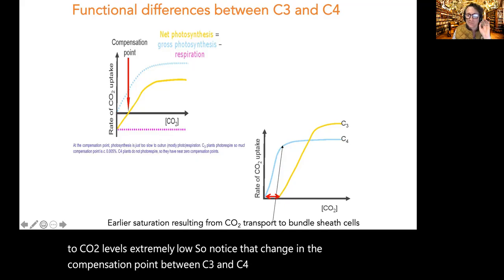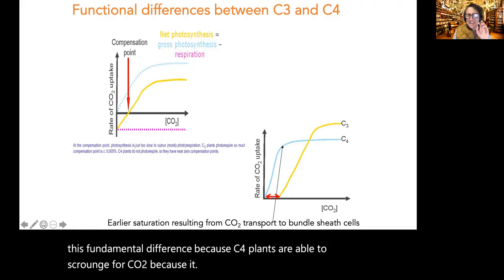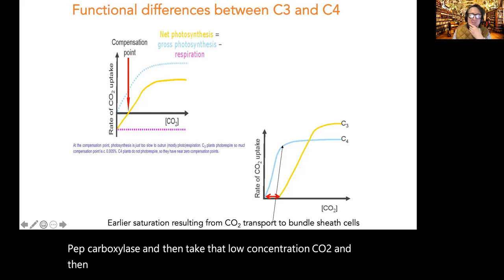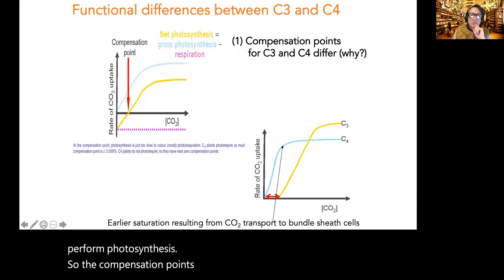That reflects this fundamental difference: C4 plants are able to scrounge for CO2 because of PEP carboxylase, then take that low-concentration CO2 and concentrate it in the bundle sheath cell so that they can still perform photosynthesis. So the compensation points differ in C3 and C4 plants.